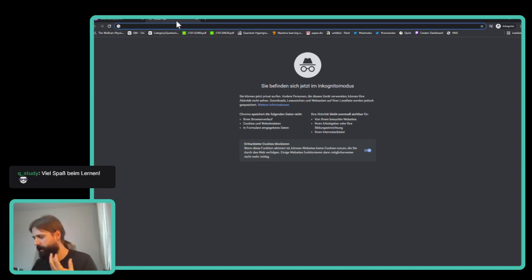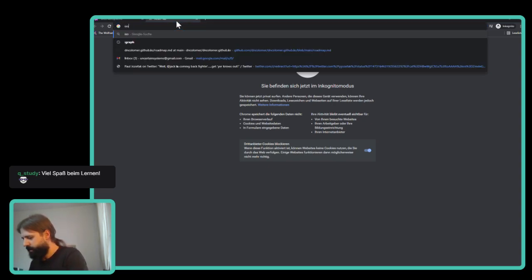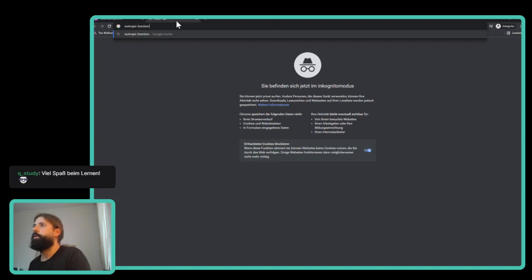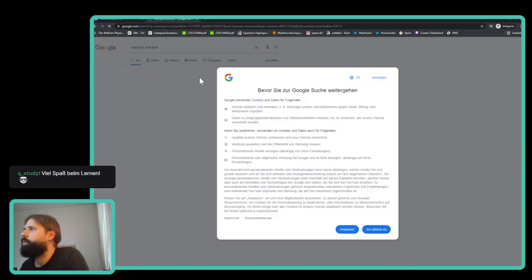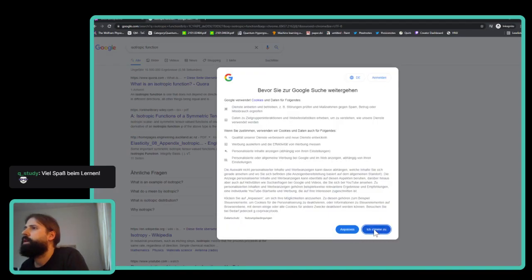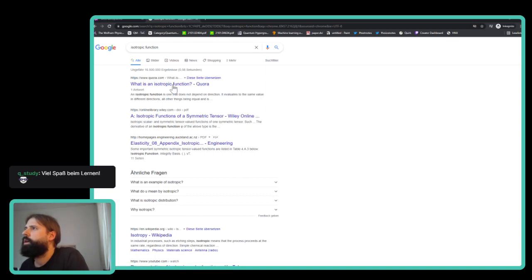We can make certain assumptions because of these, but I just don't know which assumptions. An isotropic function. So what is an isotropic function? I just hate Quora. I don't want Quora.